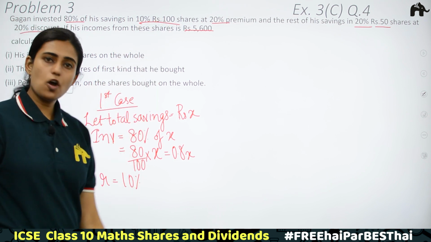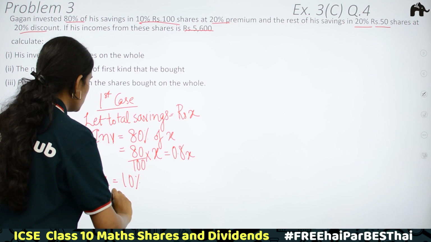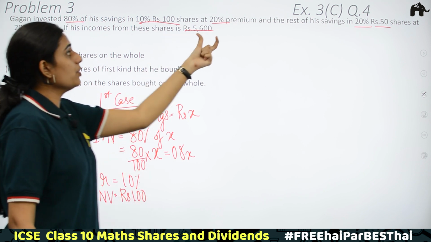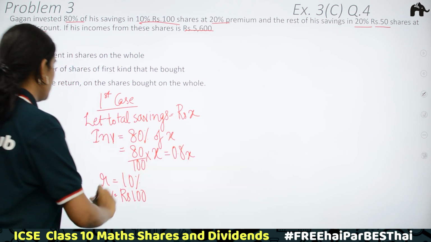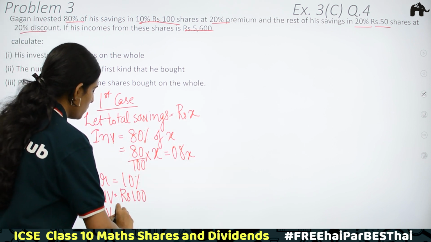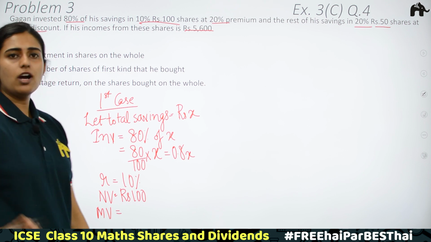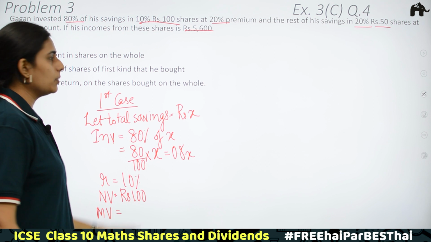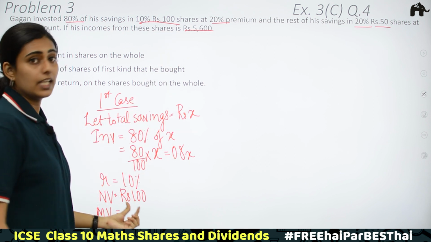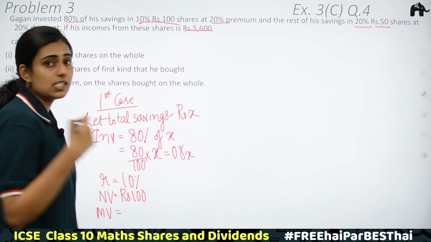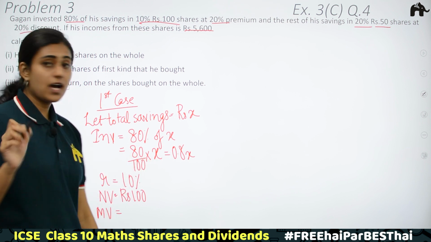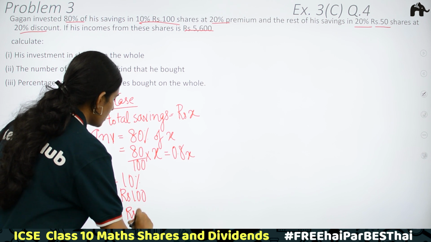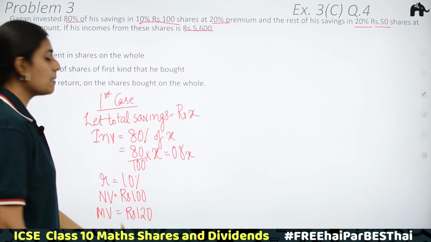Rupees 100 is the nominal value. At 20% premium, we can find the market value. Now you know what premium is. Premium is equal to 20% of nominal value, that is 20 by 100 into 100, which is rupees 20. What is the market value then? Nominal value plus premium, that is rupees 120 is the market value.